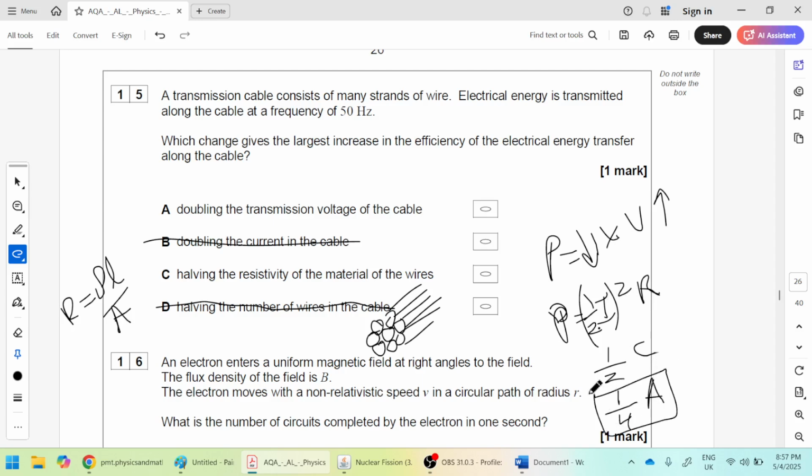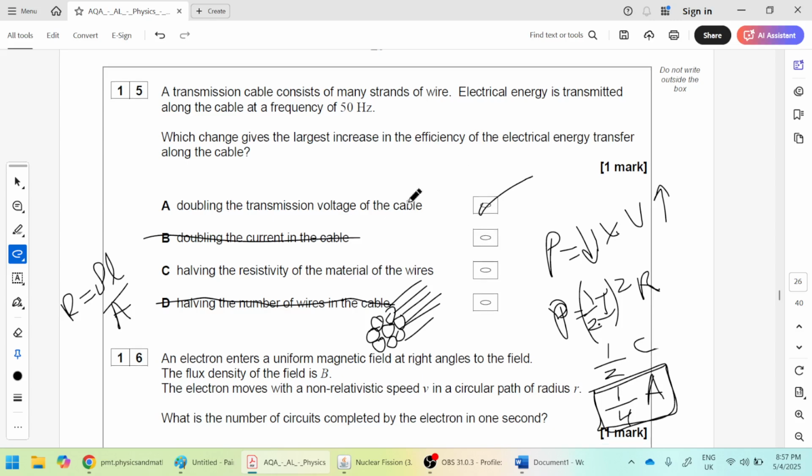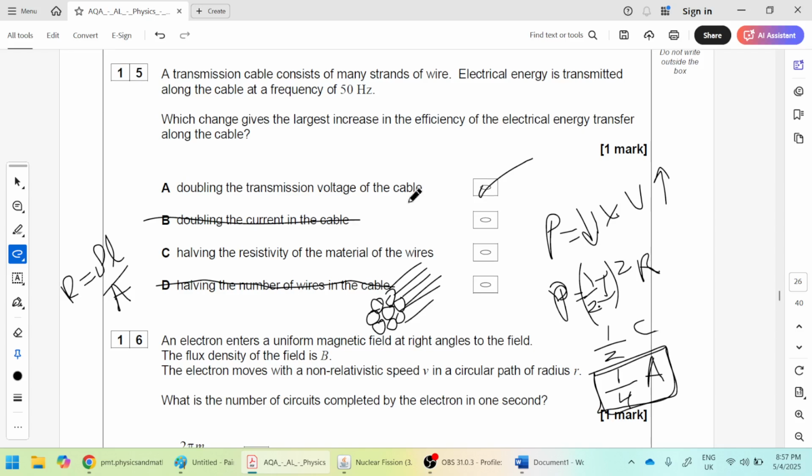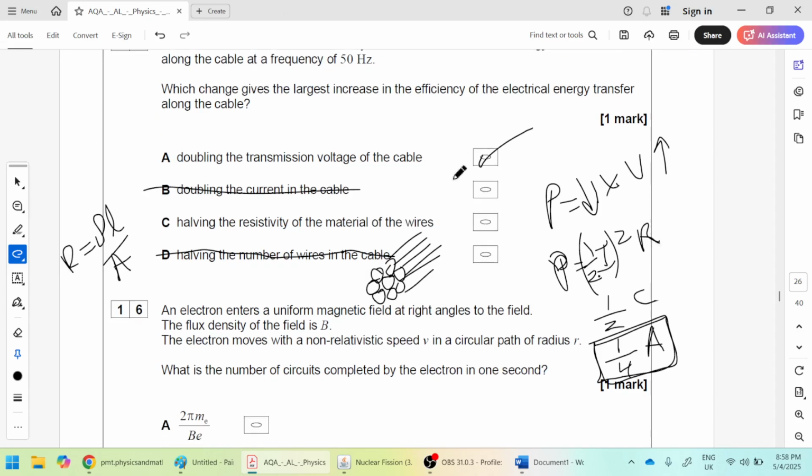If you look at the power loss, this one has the least amount of power loss, so this one will have the greatest decrease. The efficiency gain is more than having the power loss become 1/2 of what it was before.